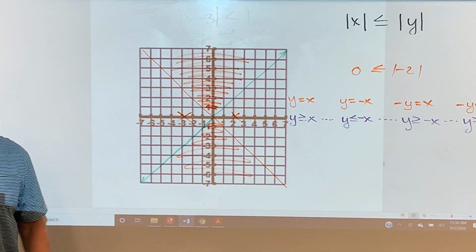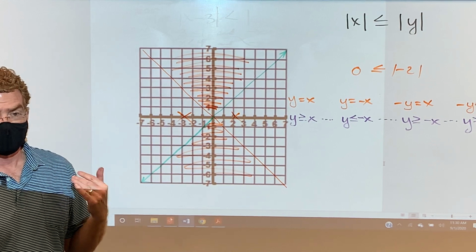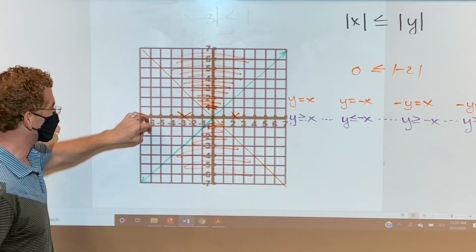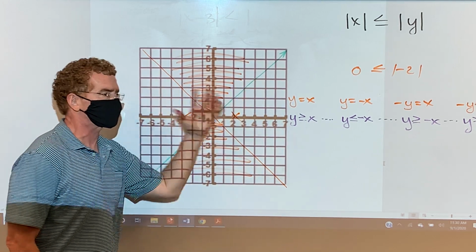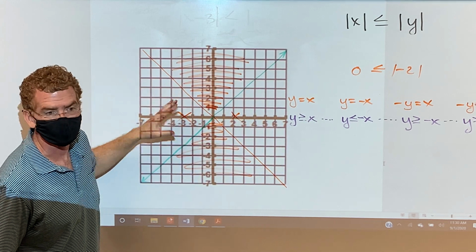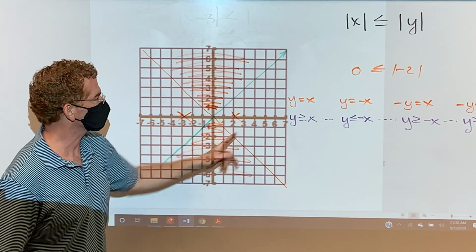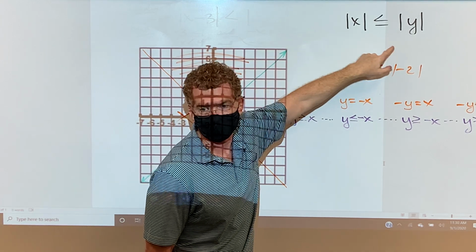So a hint for absolute value problems. If you're going to end up shading, right? And shading's all about checking values in each region, as opposed to a line where it's just one side or the other. If you get multiple lines in there, you've got multiple regions instead of just 2. Just check a point in the region. And again, if you had one absolute value, I could just say sometimes it's positive, sometimes it's negative.